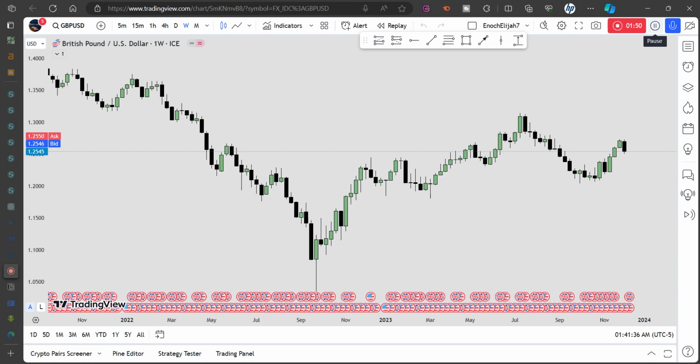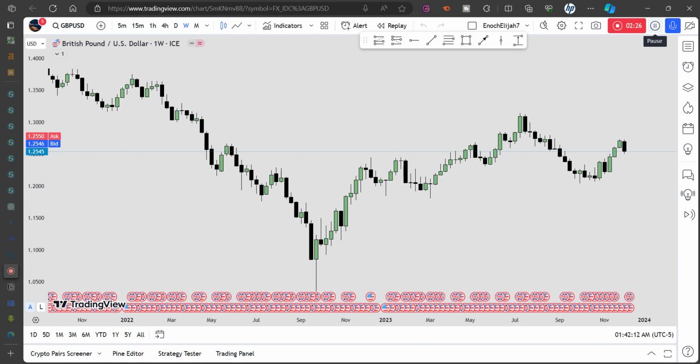So your goal as a trader is to see and know where they are taking price to next, and then you bet on that move. If you can't see clearly where they are taking price to, then don't trade the asset. Look for the next asset. It's as simple as that. Very simple. Just know where price is going to, and for you to know that, price has to be one-sided.